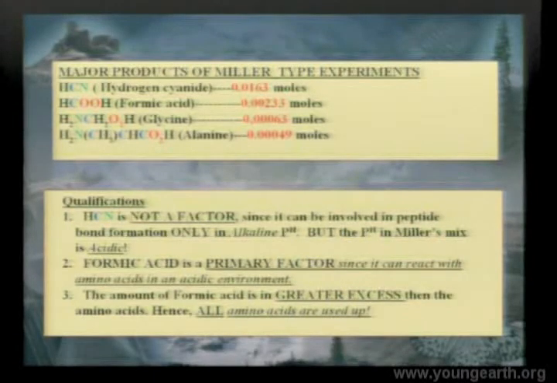The formic acid is a primary factor. Why? It can react with amino acids in this environment. Which one do we have more of? Formic acid or amino acid? Here's formic acid, 0.0233, and here's the greatest amount of the amino acid, 0.0063. Right? One decimal place smaller than this.